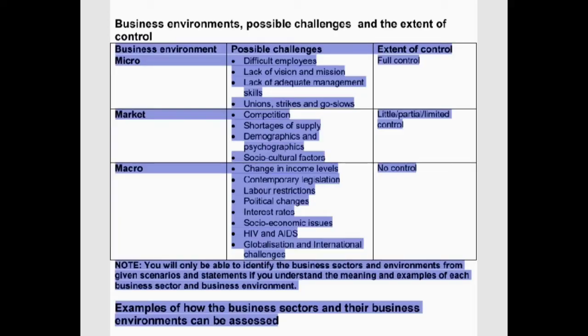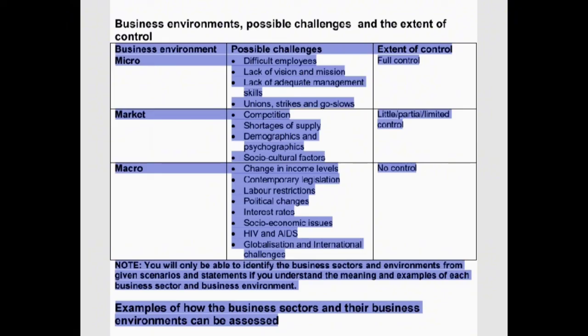Now we go to the challenges of the primary sector. What are the challenges? Number one, difficult employees or a high rate of employees who become absent. Those are the challenges in the micro environment.